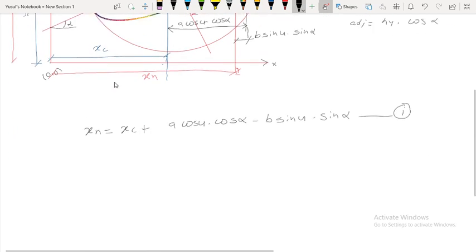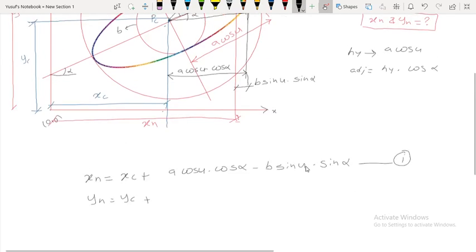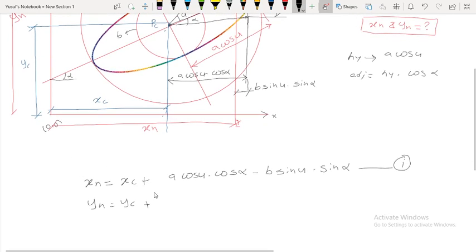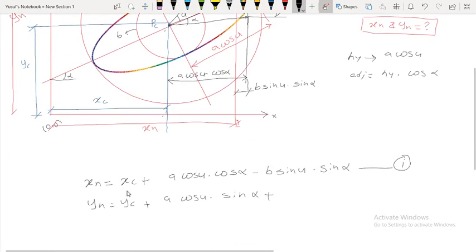So yn is equal to yc plus a cos u sin alpha plus b sin u cos alpha.